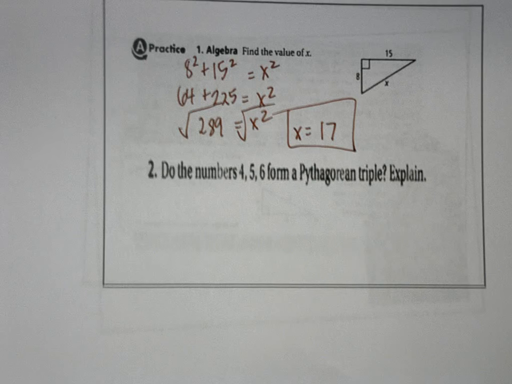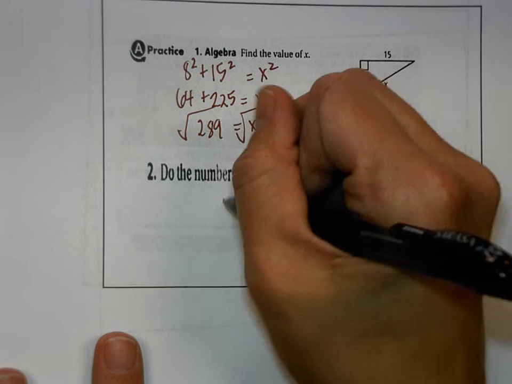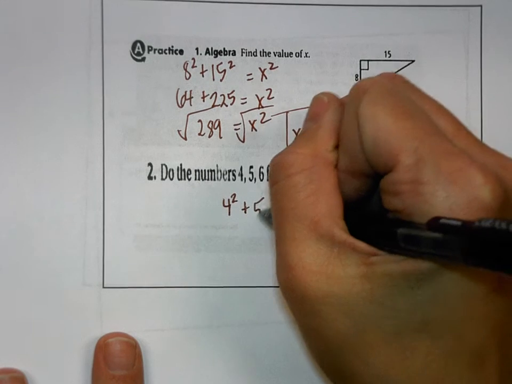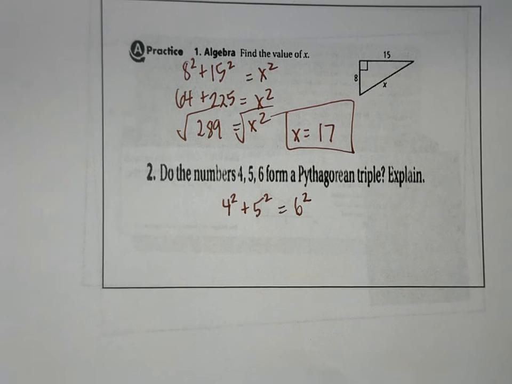Now, number 2 says, do the numbers 4, 5, and 6 form a Pythagorean triple. Does anyone have any idea on how we can figure that out? Good. 4 squared plus 5 squared equals 6 squared. That's exactly it. If you plug those numbers into your Pythagorean theorem, you want to see if they end up equaling each other. If they do, it's a Pythagorean triple.